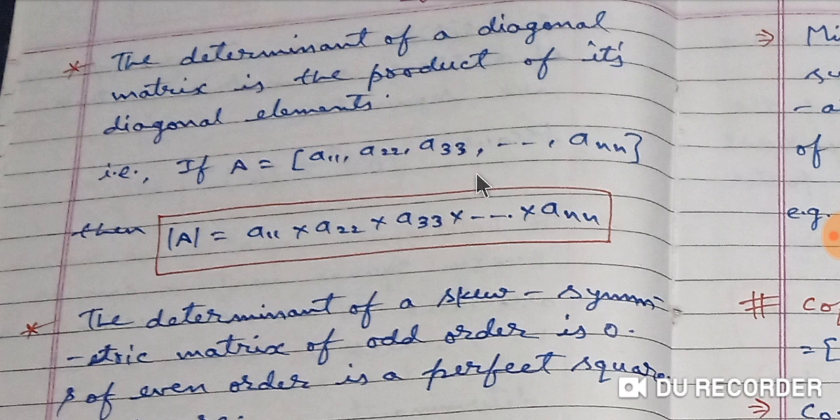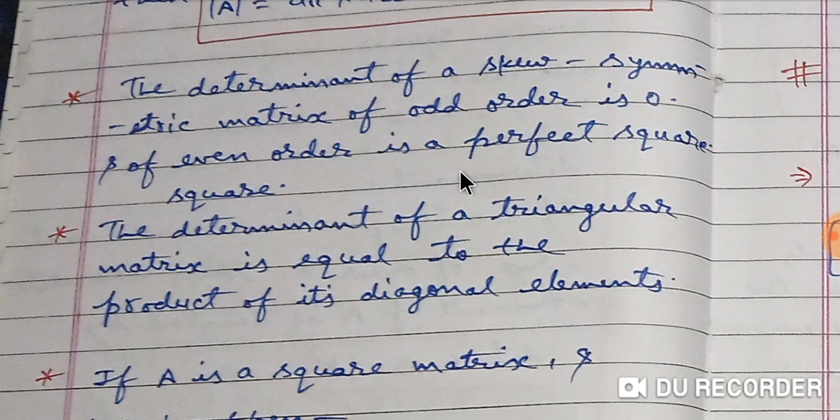Now coming to the next point. This says that the determinant of a skew symmetric matrix of odd order is 0. What this property says is that if there is a skew symmetric matrix and its order is an odd number, that means not a multiple of 2.